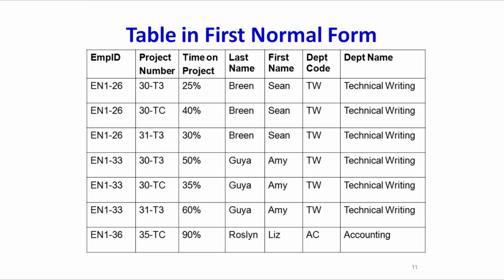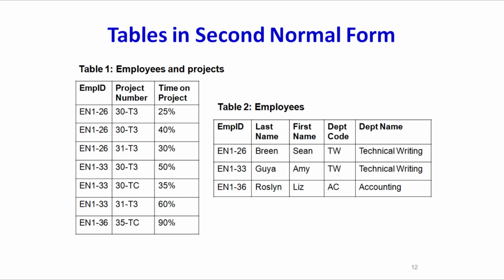Now, let us look at a table in first normal form, whereby we have employee ID, project number, time on project, last name, first name, department code, and department name. As we can see, all repeating data has been removed and data has been chunked into smaller parts.